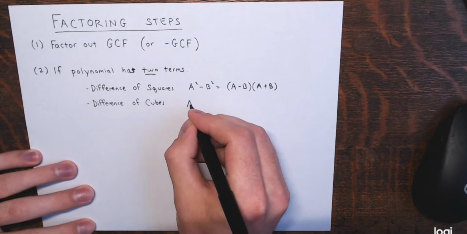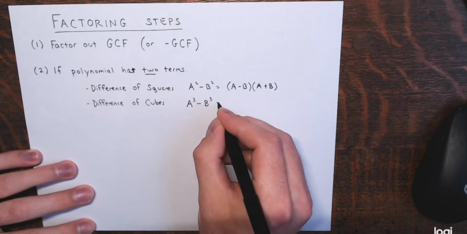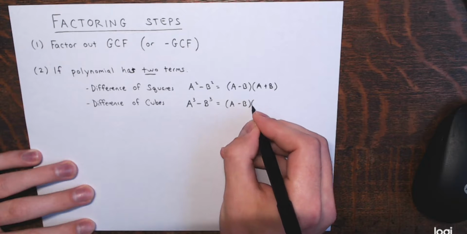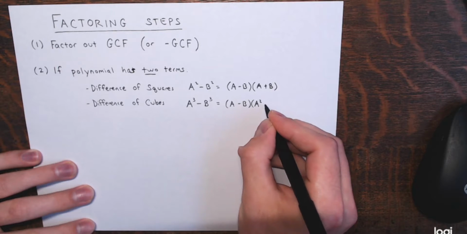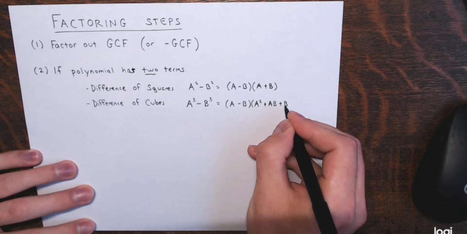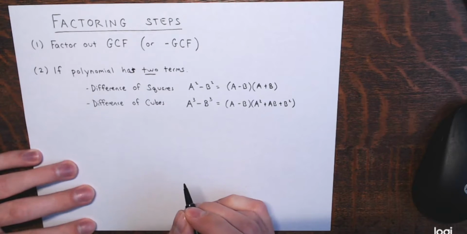A cubed minus b cubed. And that would factor to a minus b times a squared plus ab plus b squared, right? This is another formula we brought up in an earlier section.